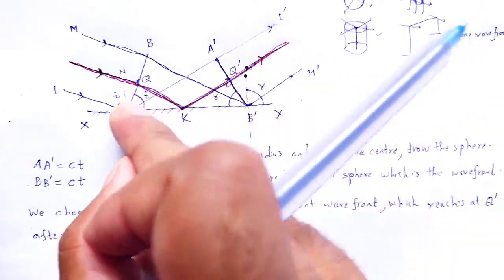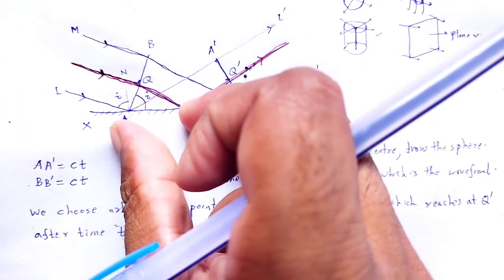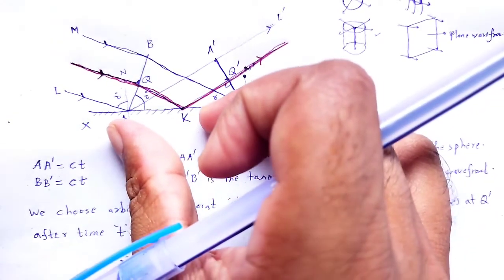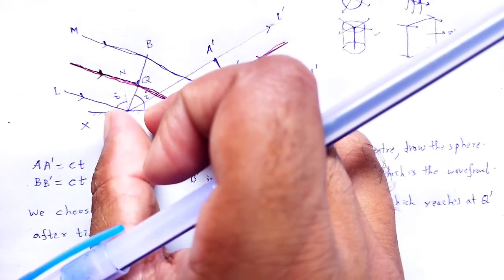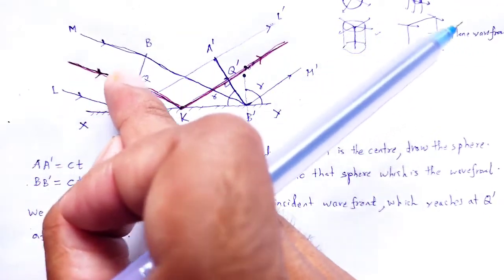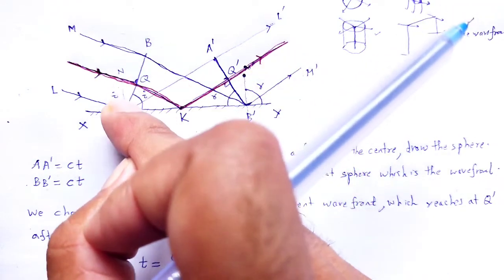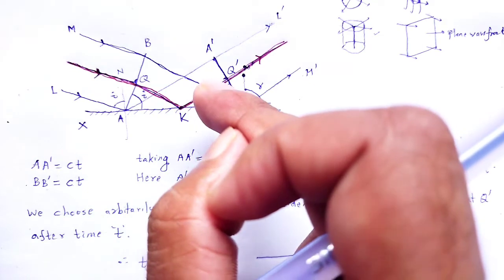If we choose Q here, AK will be this much, and if Q is this point, the value of AK will be different.